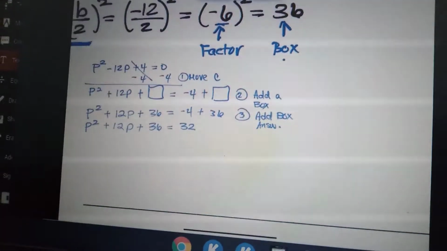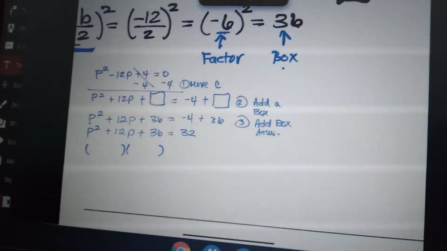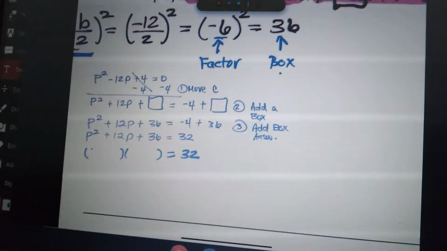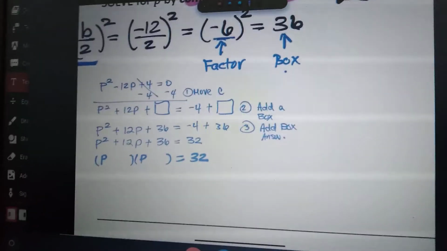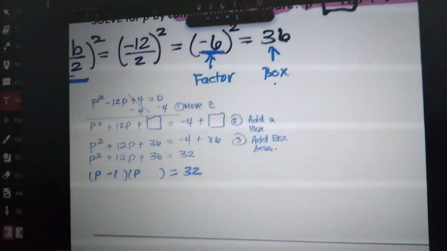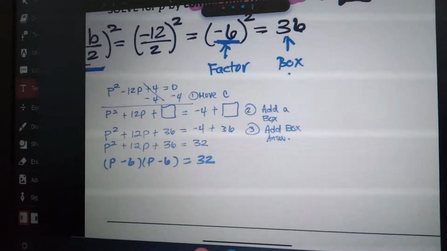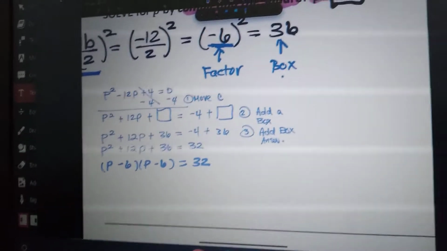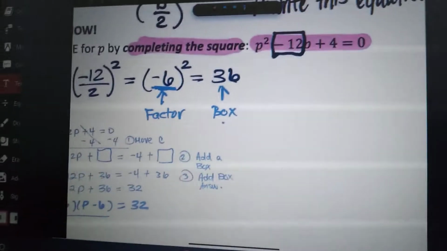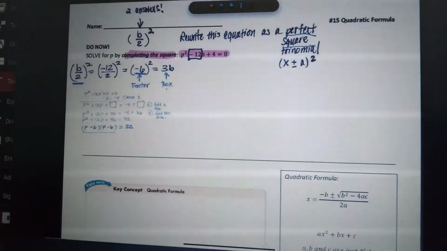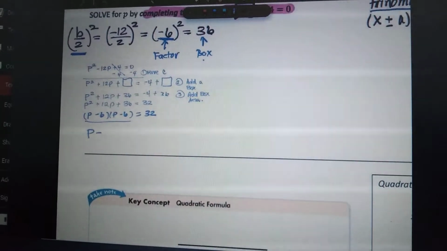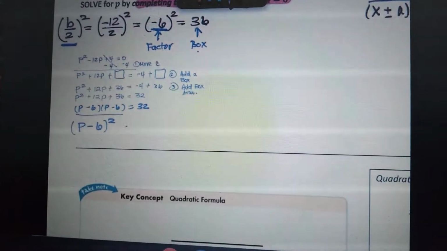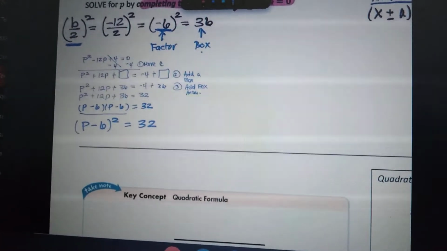So I end up with 2 sets of parentheses equal to 32: p minus 6, p minus 6. Hey! I can write this side as a perfect square trinomial. So I end up with p minus 6 squared, which is equal to 32.